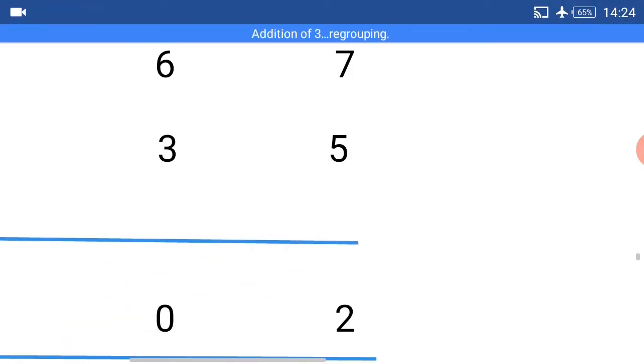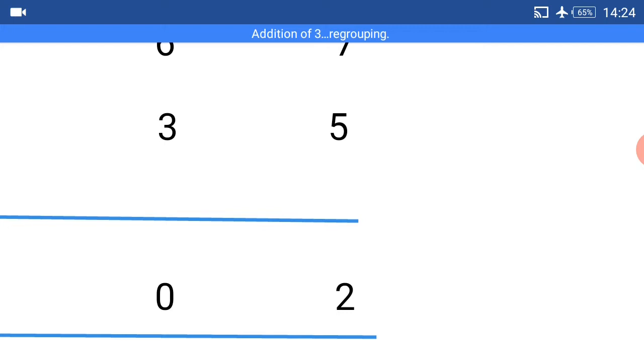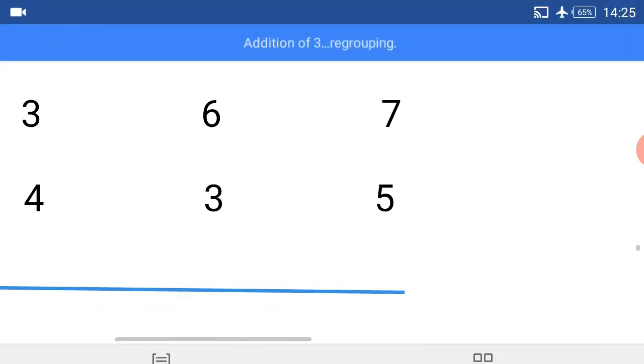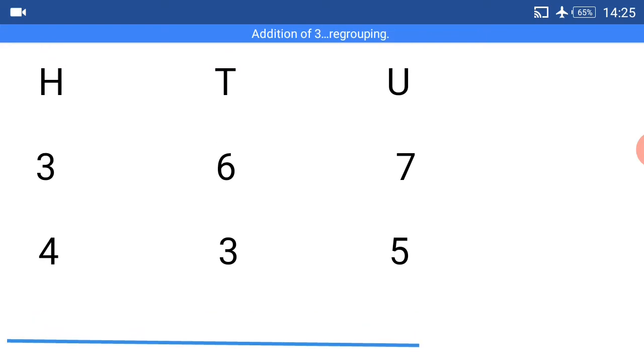So the figure on your right hand will be written as your answer because we cannot put down the two-digit number we got here. 12 is a two-digit number, and we cannot write 12 here. So we have to write one of the figures that made 12. 1 and 2 made 12.